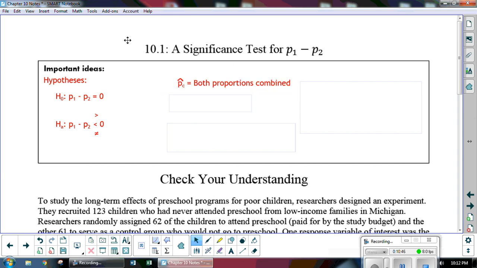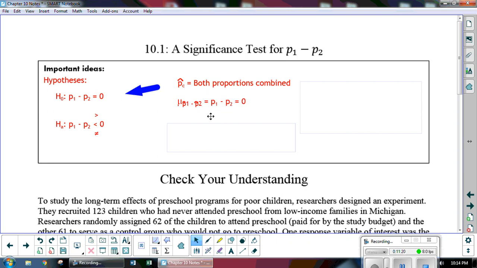First of all, P_C hat. The little c there is proportions combined. Remember, the proportions combined will only happen when this is equal to 0.